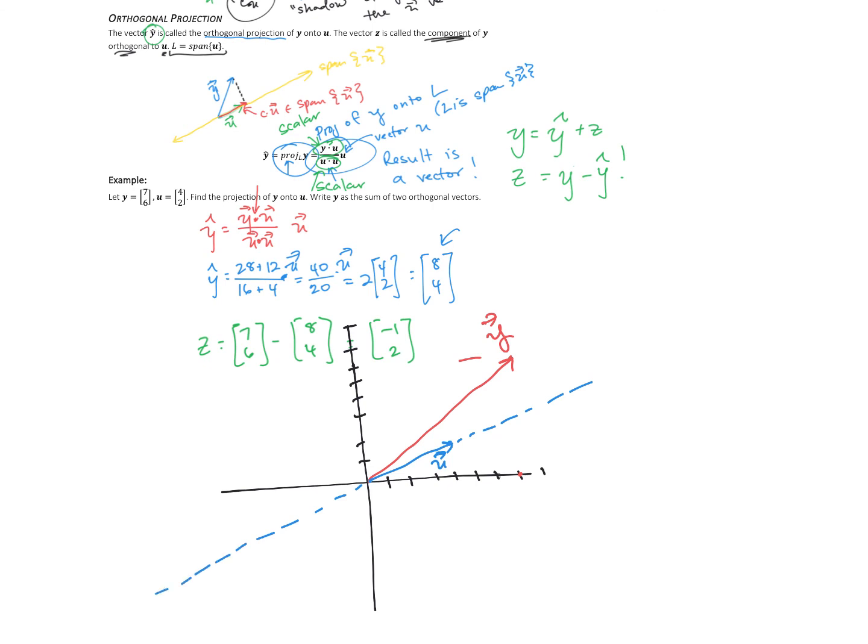So this point right here should be 8 across, and 4 up. Oh hey, my scale's a little off, but this is the vector (8, 4). Looks pretty good. There's our projection.